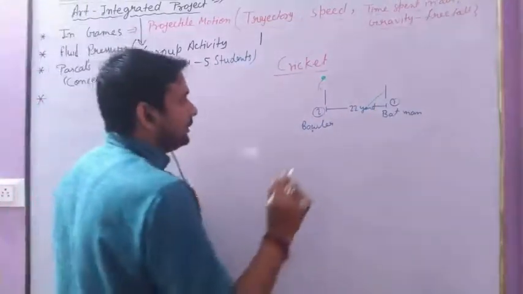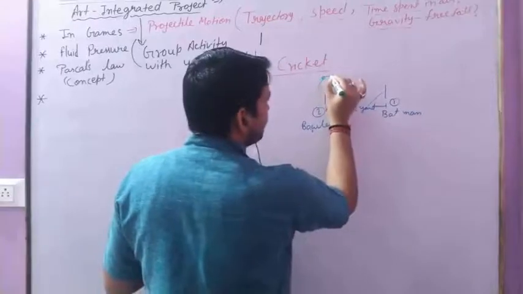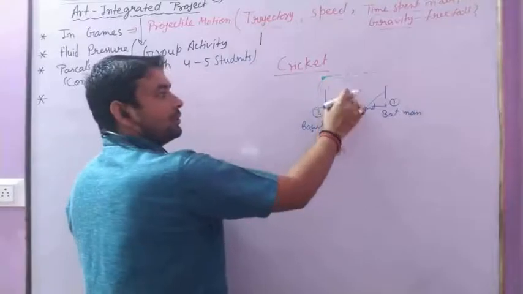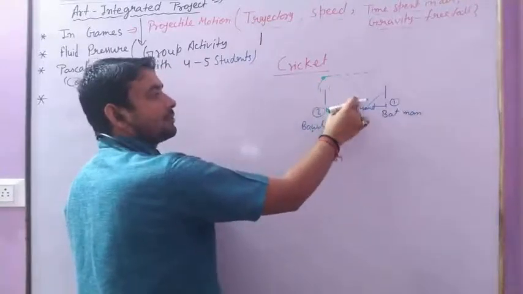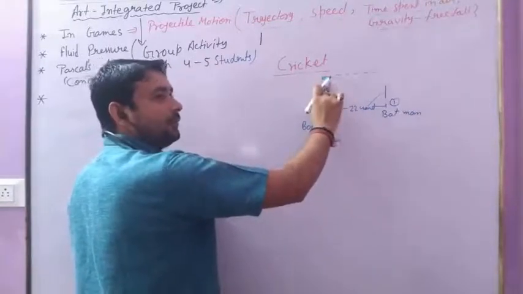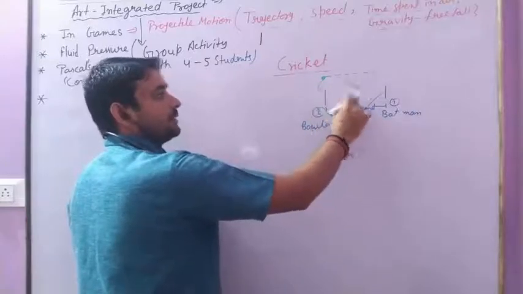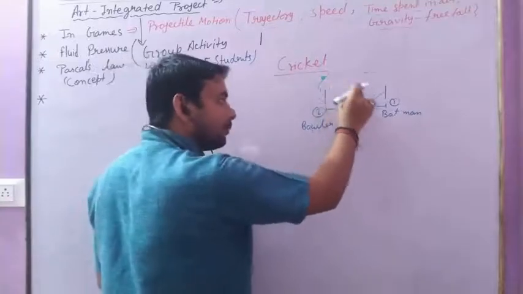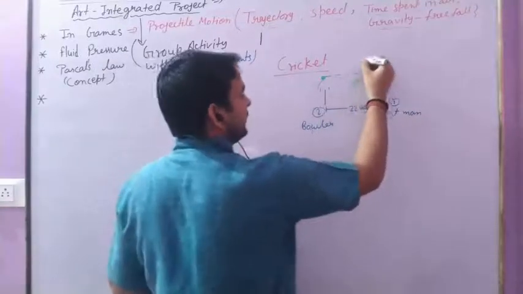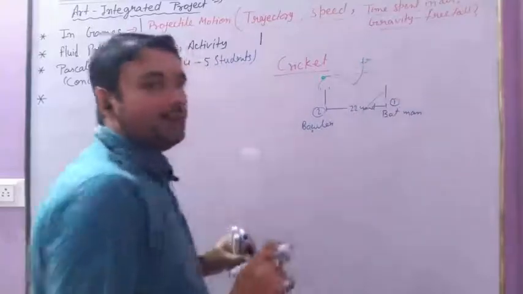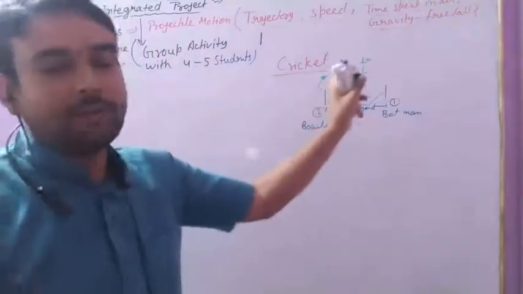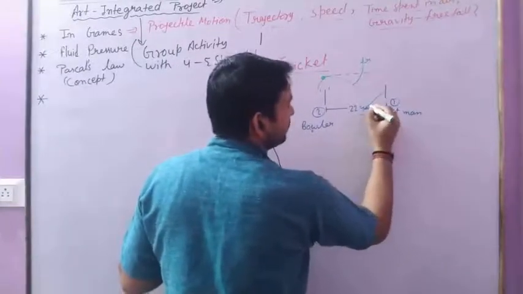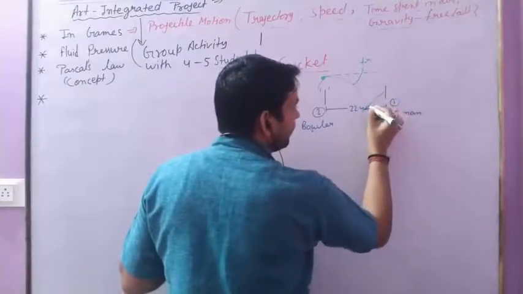In this case you will observe that the path of the ball after delivery by the bowler is a smooth curve. This particular path is called the trajectory, and you can form this trajectory in different ways.